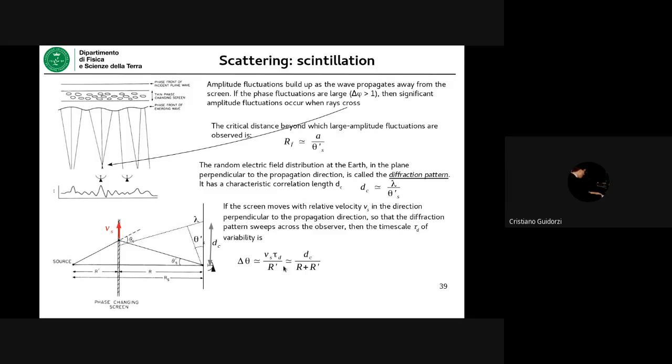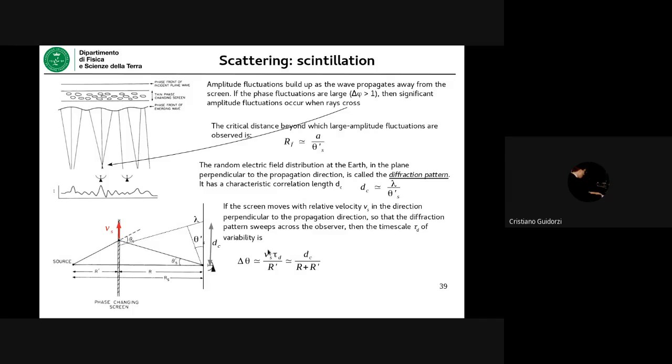So you're now demanding, I want to wait a long enough time interval, which I call tau d, such that the consequent displacement of the diffraction pattern here gets comparable to the correlation length, dc. If that is the case, then my detector, which is at a fixed position, will measure over that time interval a significant fluctuation in the flux. So that's why I called it tau d.